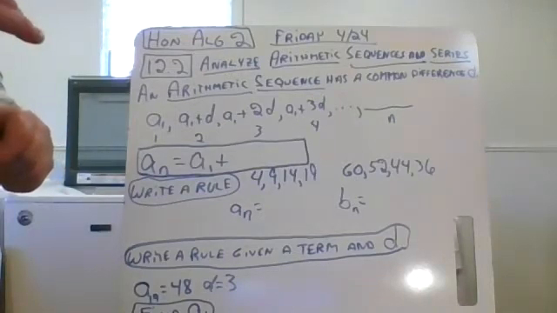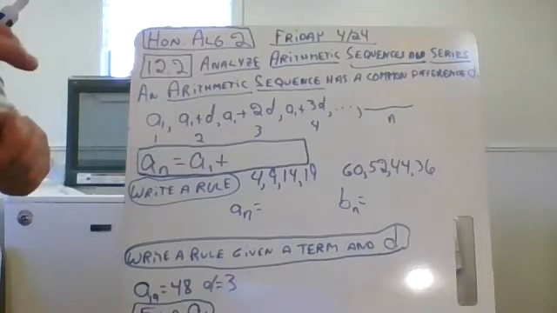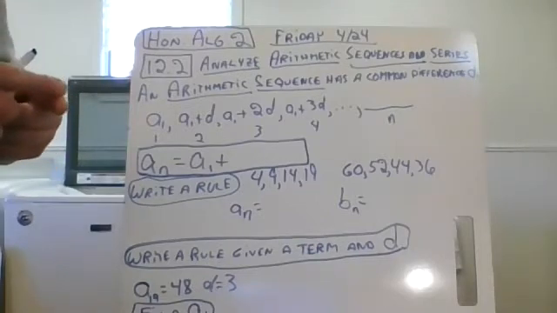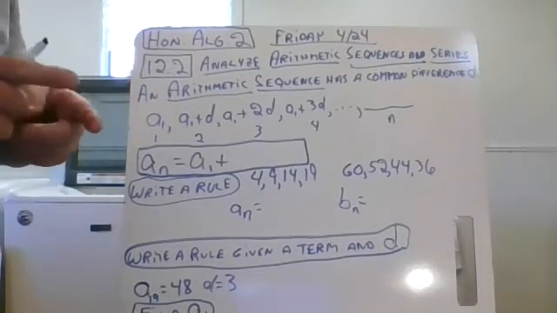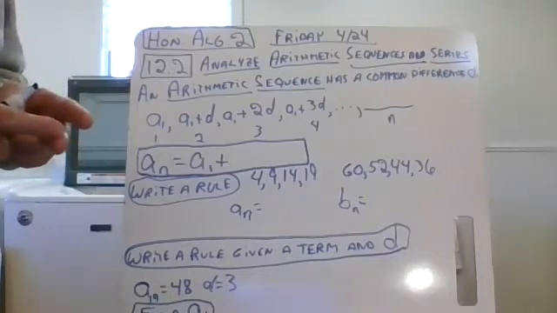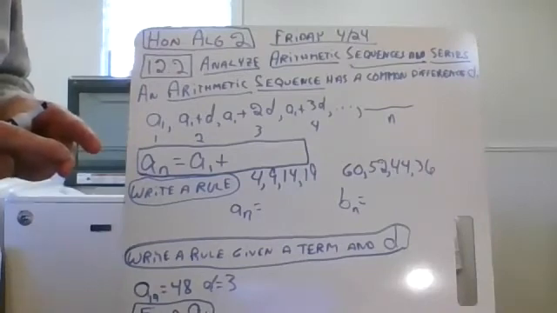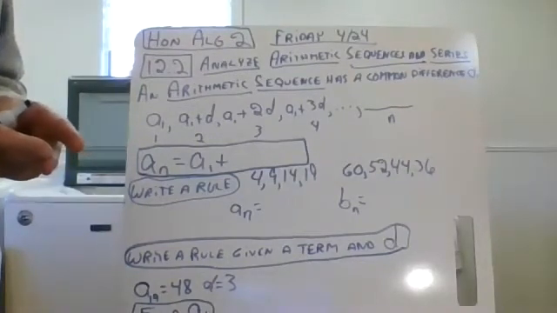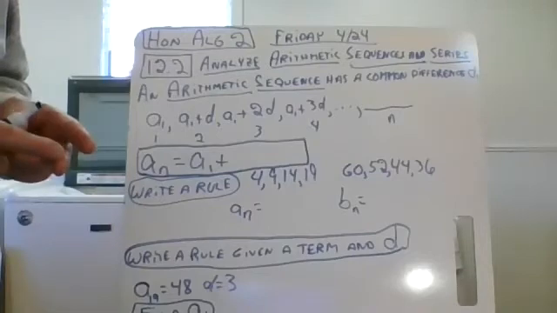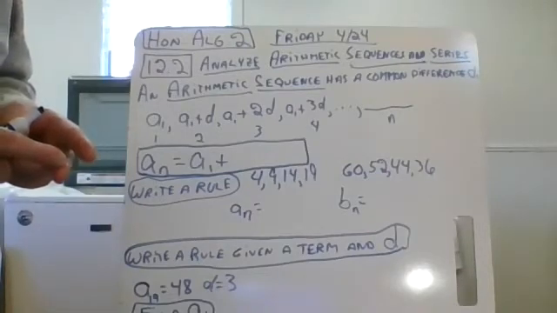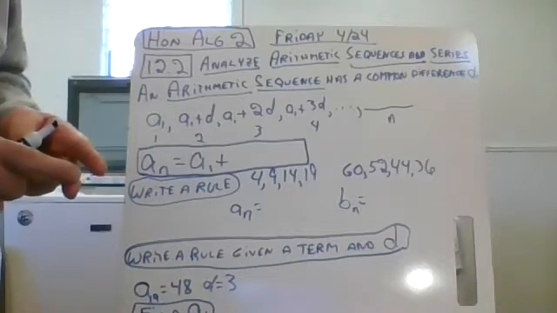And in both cases, there are formulas. There are formulas for the sequences, and there are formulas for the series. In section 1, if you wanted to find the sum of a series, you had to actually generate all the numbers and add them up. Well, you're not going to have to do that now.